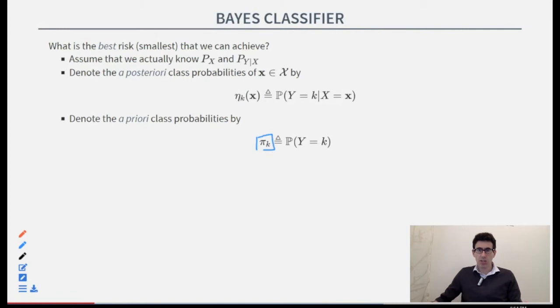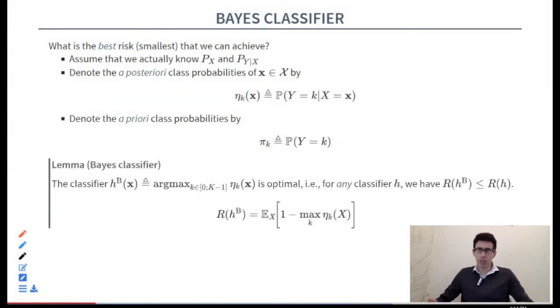Illustrating that in the context of cats and dogs, it's like saying the a priori probability of having a picture of a cat or a picture of a dog is 50-50, because people who like animals are equally likely to like cats and dogs. And eta k is essentially the probability that, given a specific feature vector, a picture, it is a cat or it is a dog? And we're going to assume that these quantities are known here because I'm assuming I know p(x) and p(y given x).